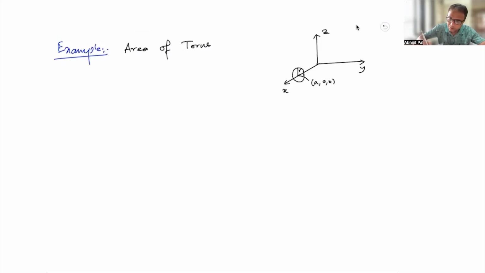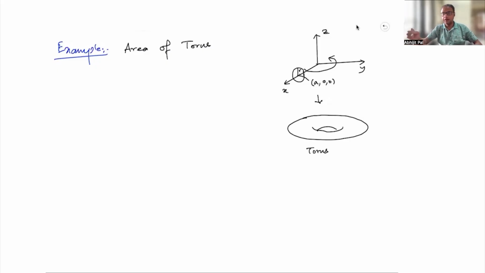And now what you do is rotate this circle around the z-axis. You'll get a surface, and that is called a torus. So this is my torus. Now you want to compute the area of this torus.